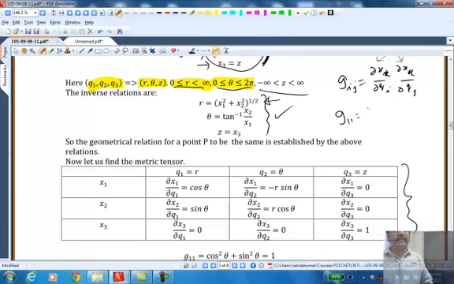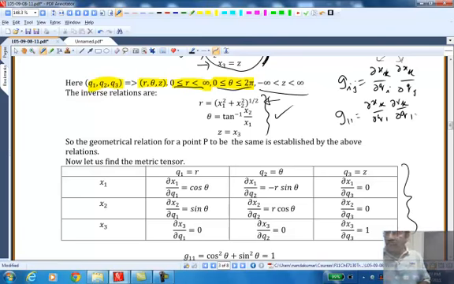Tell me. I have a table of all partial derivatives and I want you to calculate G11. If I were to write it out, it's going to be dx_k/dq1 times dx_k/dq1. So you'll put k equal to 1, 2, and 3, and then add them up.